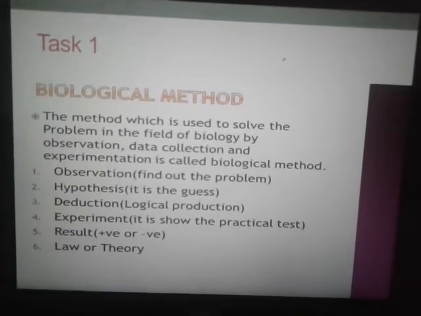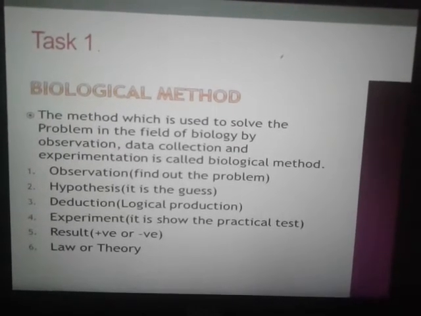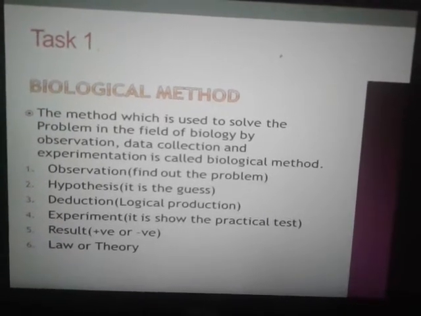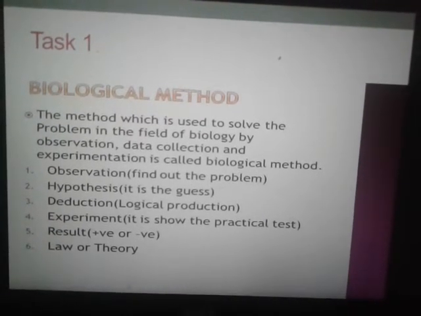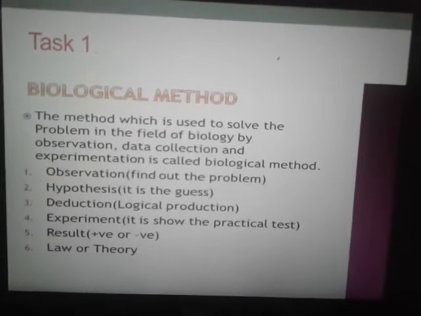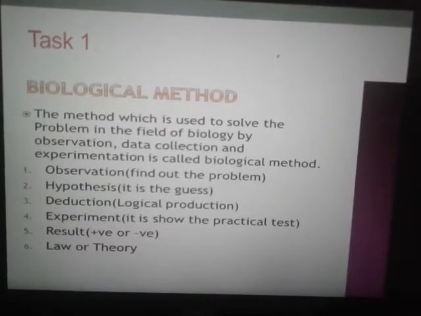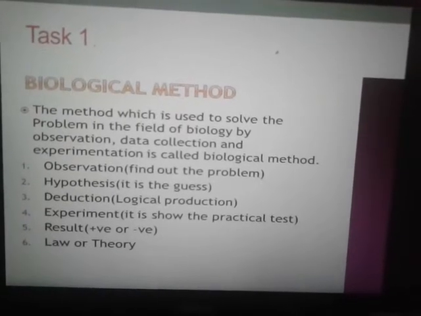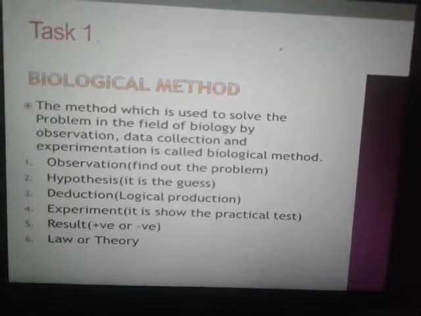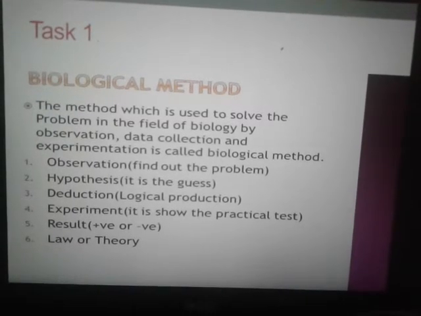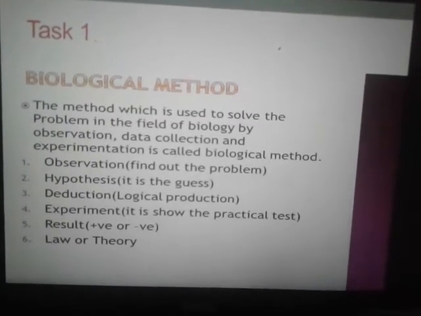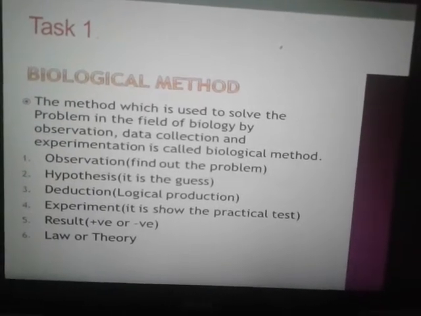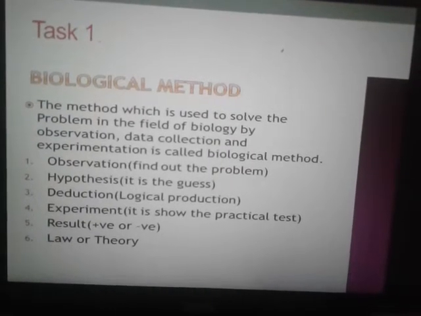Biological method is a method which is used to solve problems in the field of biology by observation, data collection, and experimentation, and it includes the following steps: observation, hypothesis, deduction, experiment, result, law or theory. Observation is to find out the problem. Hypothesis is the guess. Deduction is logical prediction. Experiment is to show the practical test.